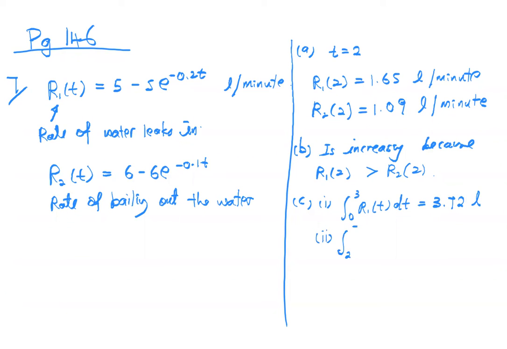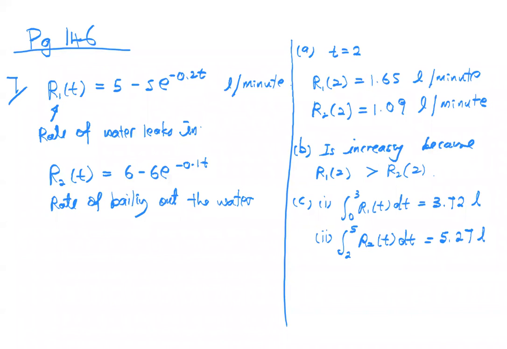Okay, how about part 2? 2 to 5, R2(t). 5.27 liters. So if I ask you to interpret, you know how to interpret, huh?